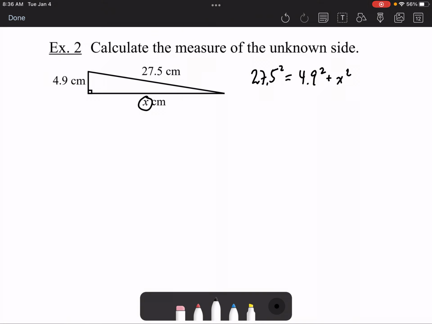In this case, the other length is called x. Well, I want to solve for the unknown side. So that means I'm going to have to rearrange my equation by subtracting 4.9 squared off both sides. You could square the value 4.9 first, and 27.5, but you don't need to. You could do this all in one step.